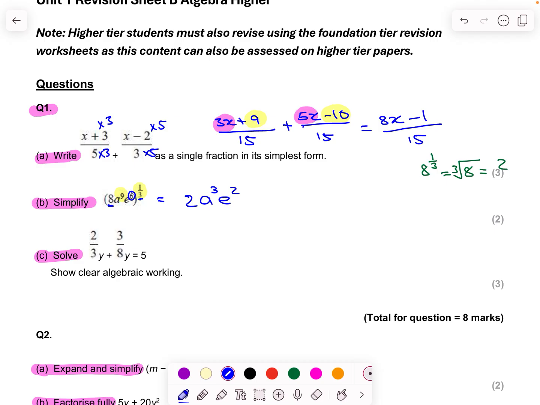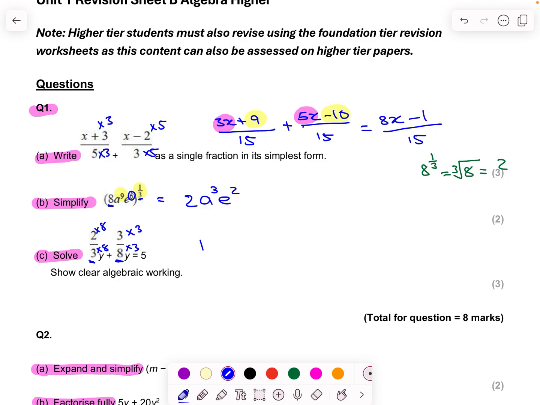Okay. Right, we want to solve this. Again, like before, we want to make common denominators. So I'm going to make these both over 24y. And in order to do that, I'm going to multiply the first one top and bottom by 8, and the second one top and bottom by 3.